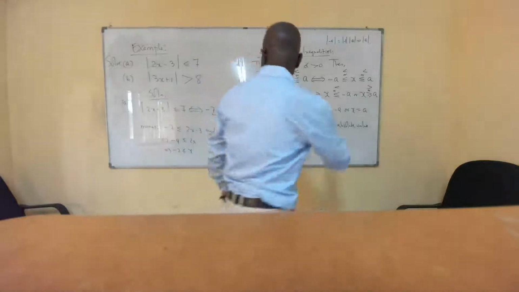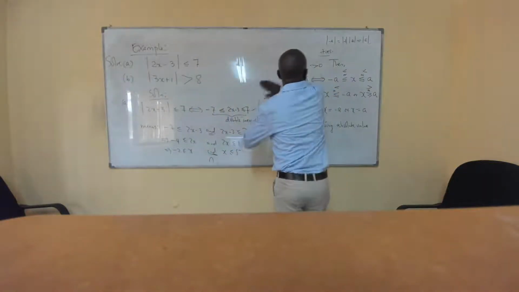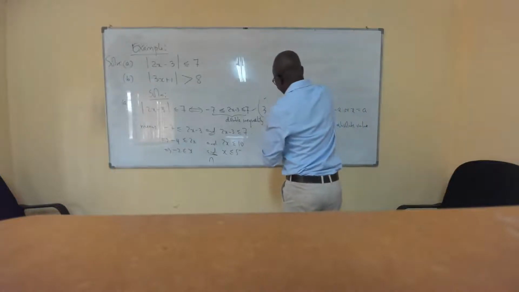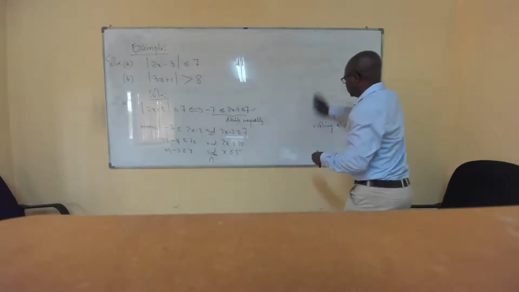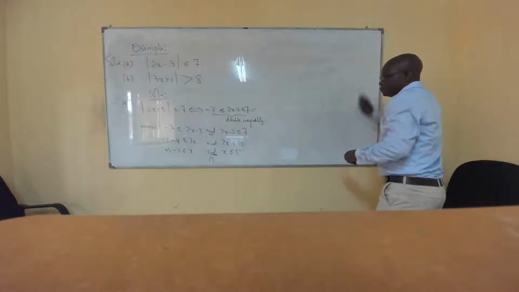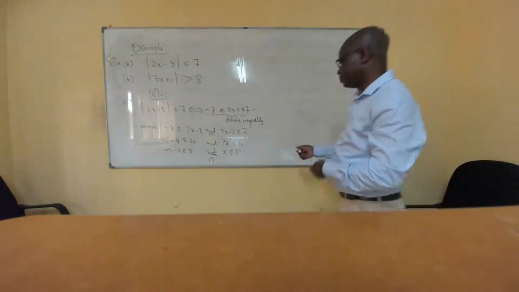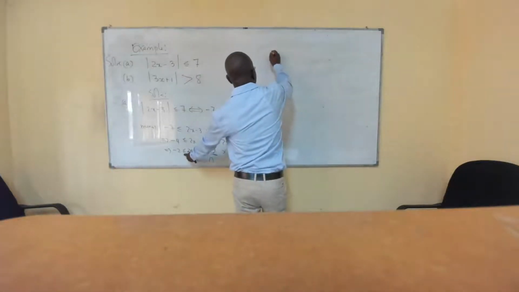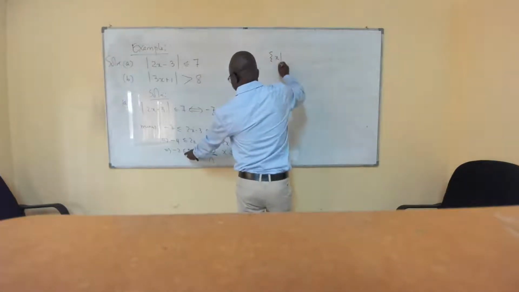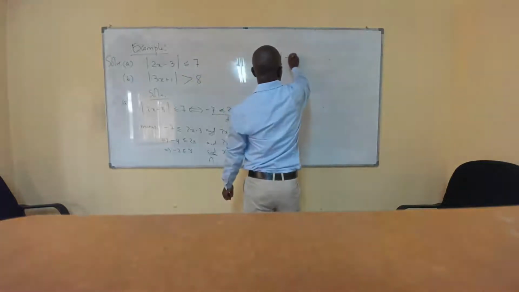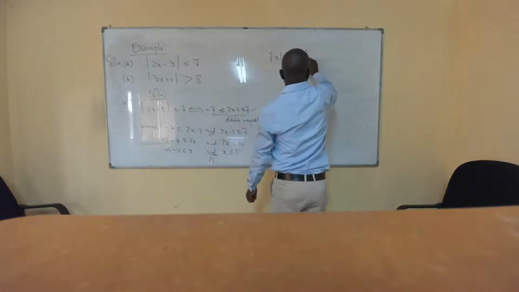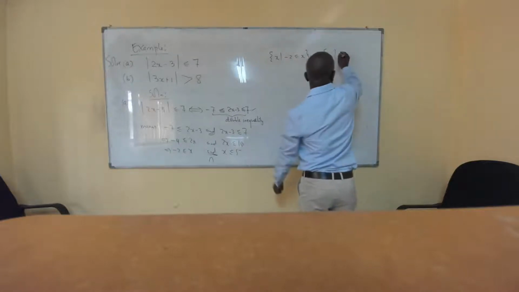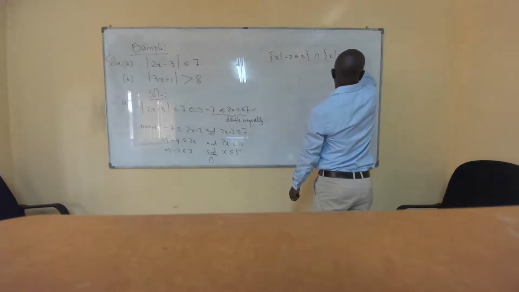So we end up having the solution set for this, which is the set of all x such that minus 2 is less or equal to x. So we have to take the intersection, with all x less or equal to 5.